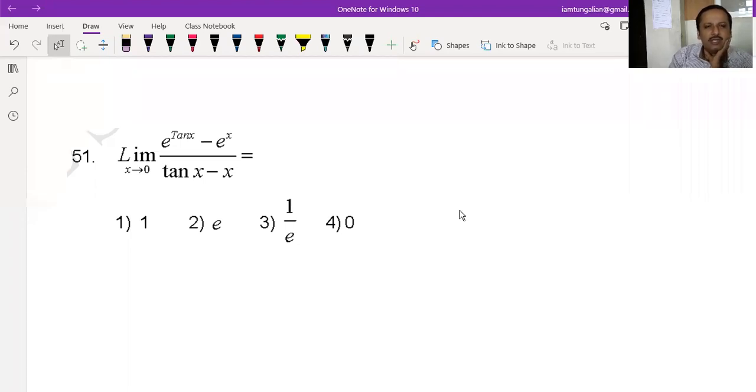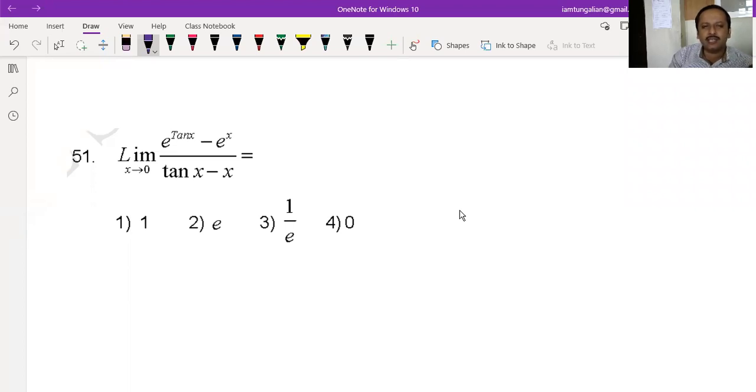Limit as x tends to 0 of e power tan x minus e power x divided by tan x minus x. If I directly apply the limit as x tends to 0, tan 0 is 0, e power 0 is 1, minus e power 0, that is 1, 1 minus 1 is 0. Numerator is 0. Denominator tan 0 minus 0 is also 0.